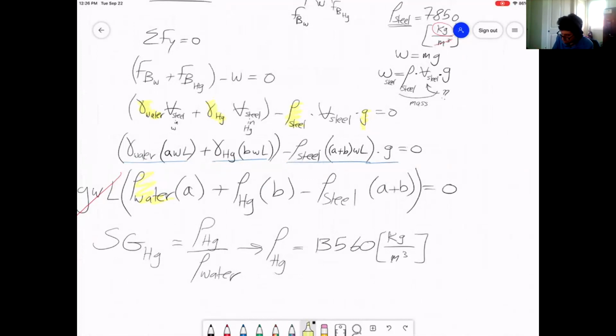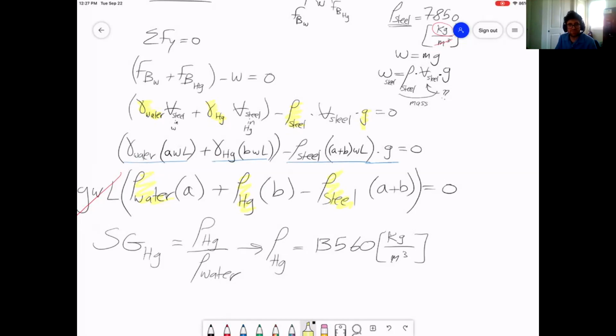But okay, what else? So we know this one now. What else? We know the density of steel, it's 7,850. And now you can solve for the ratio, right? Yes, that's good.